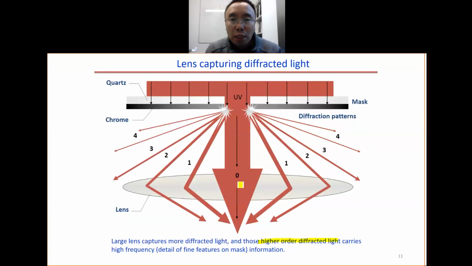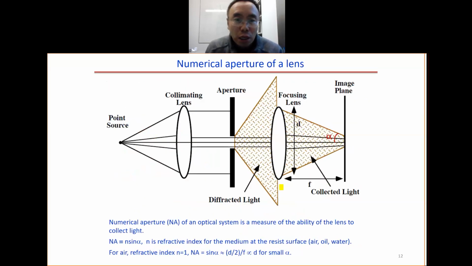So how do we determine how big the lens is? Normally we know the lens is determined by the diameter, but actually the capability of the lens to collect the light is determined by a parameter called numerical aperture. Numerical aperture is defined as n sin alpha. n is the refractive index of the medium here. If the medium is air, n equals 1.